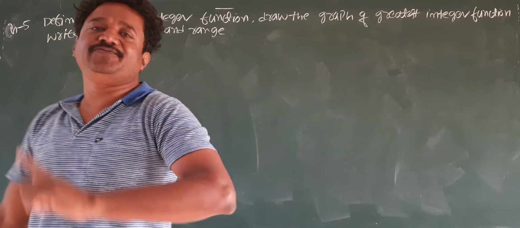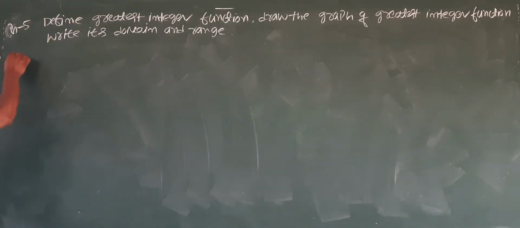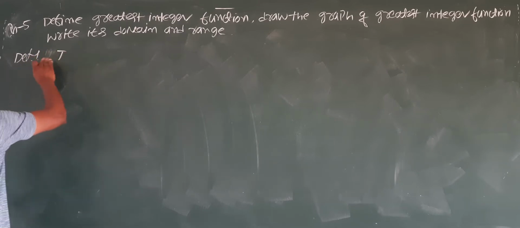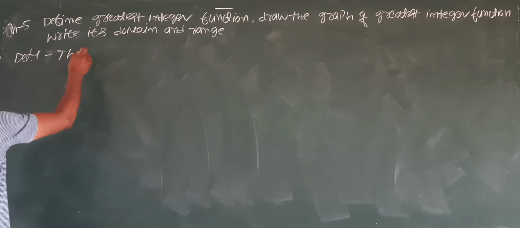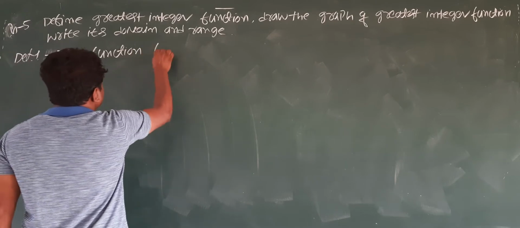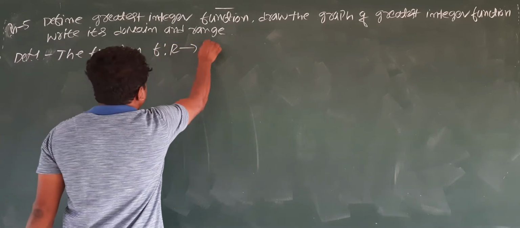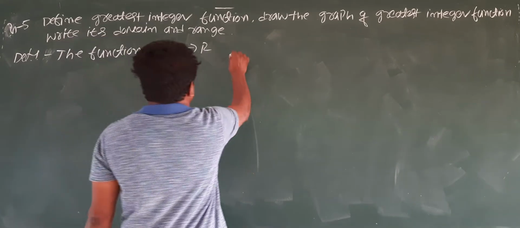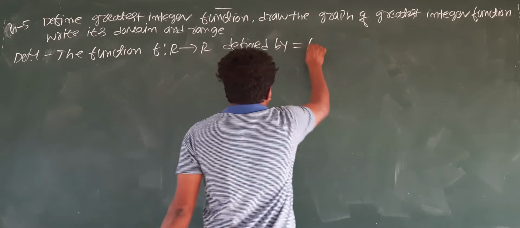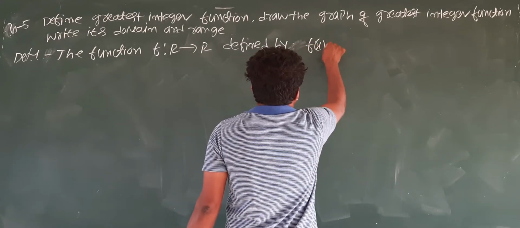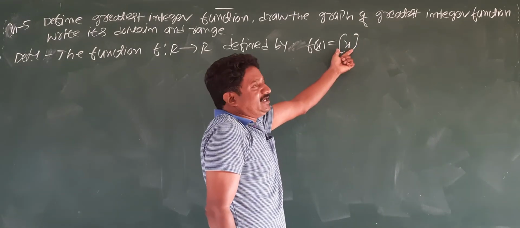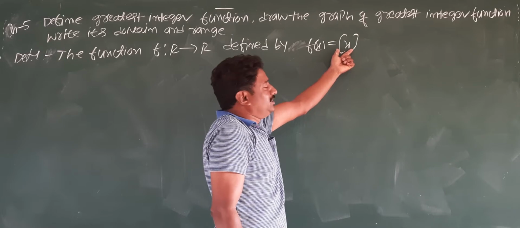Let us go for defining first. Definition: the function f from R to R defined by f(x) equals the greatest integer function. We represent the greatest integer function in this form.